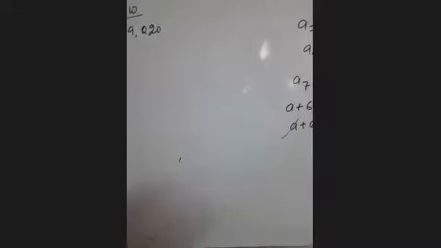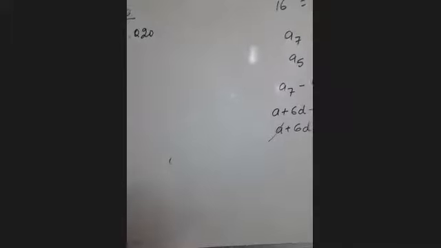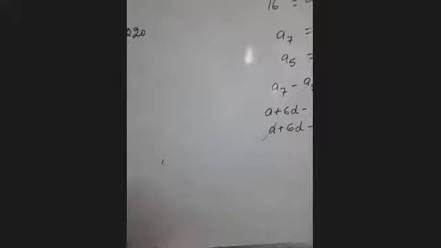Okay. So question number 19 says, Subba Rao started work in 1995 at an annual salary of rupees 5,000 and received an increment of 200 rupees each year. In which year did his income reach 7,000?